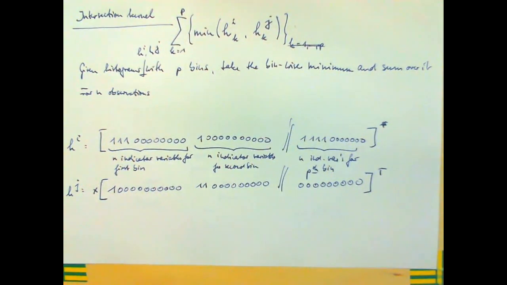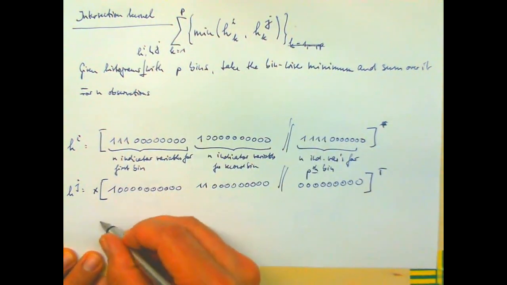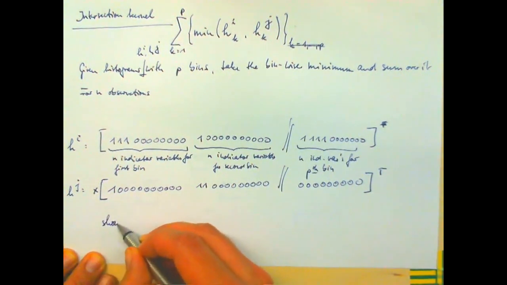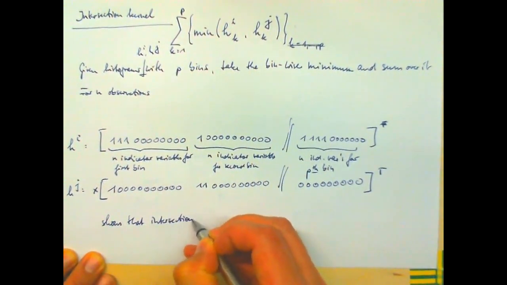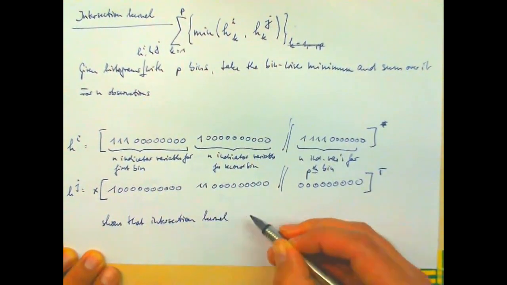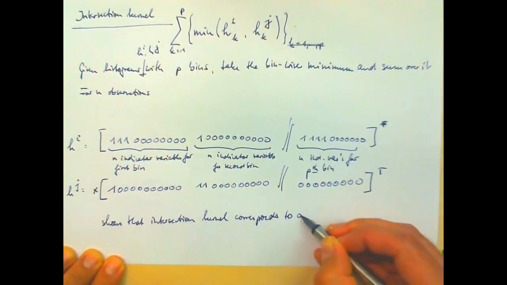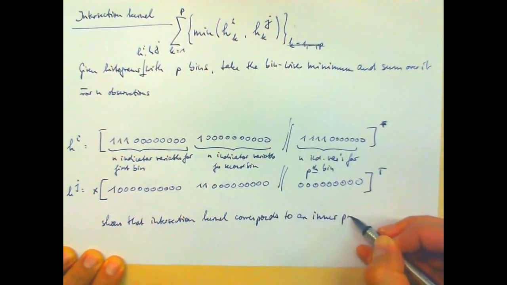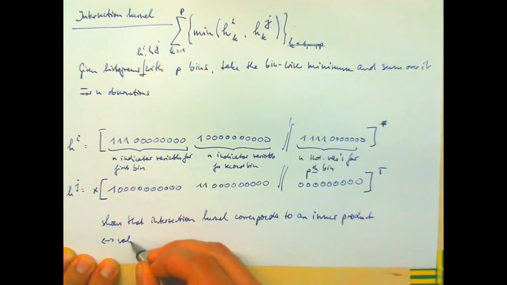So this construction is used just to show that the intersection kernel corresponds to an inner product in some funny space. And as such, it is a valid kernel.